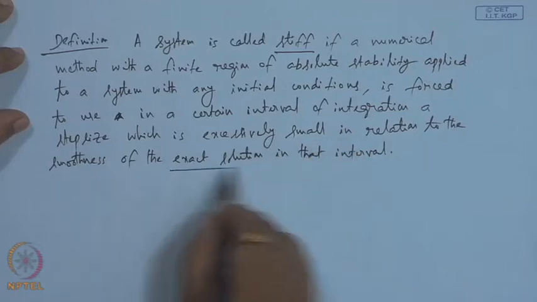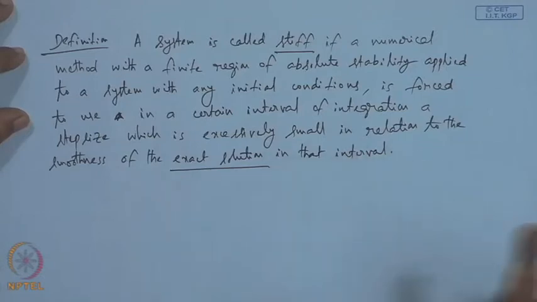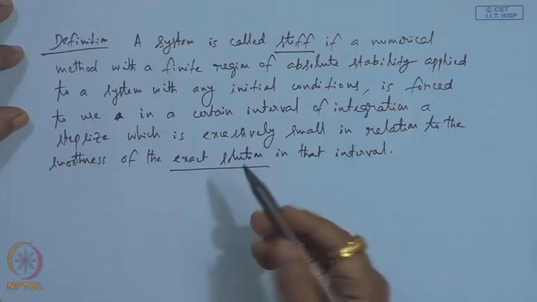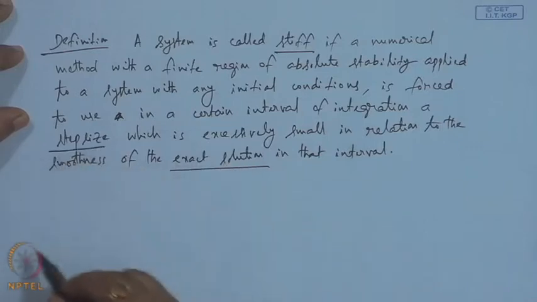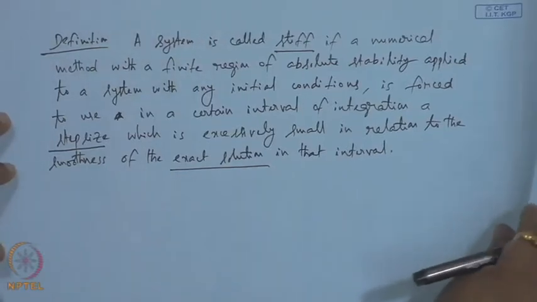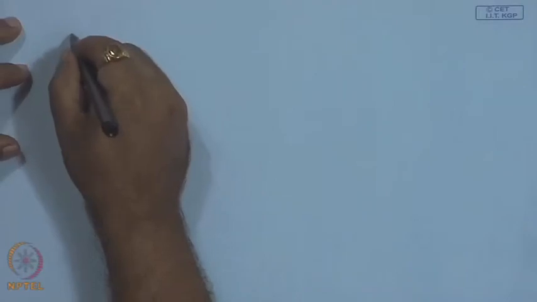That means your exact solution is really smooth up to some order, but however, the step size that the method is demanding is not in correlation. Okay. So, we can analyze this a little more carefully. Okay. So, let us analyze with respect to system.